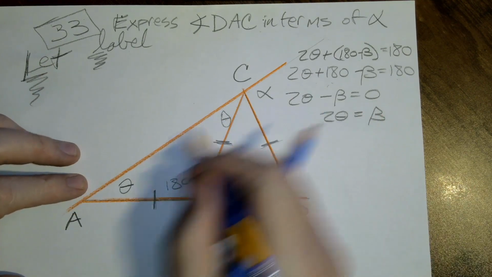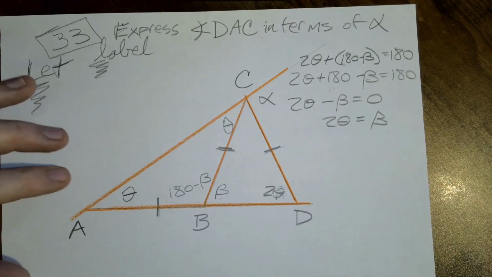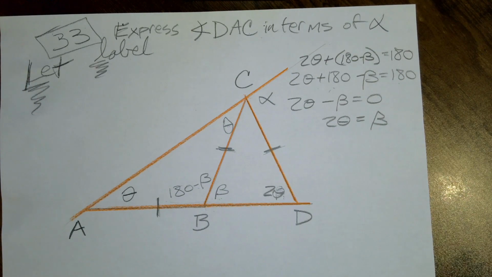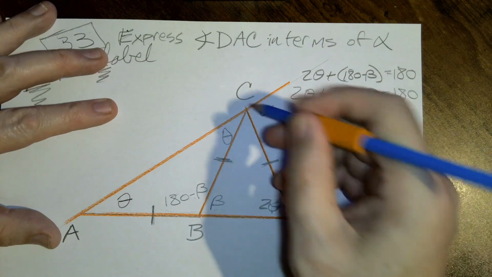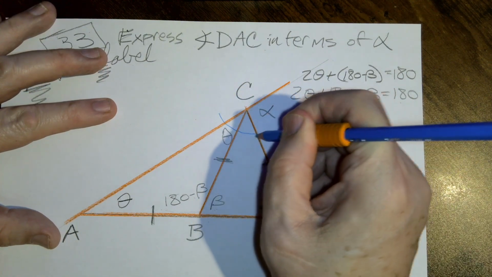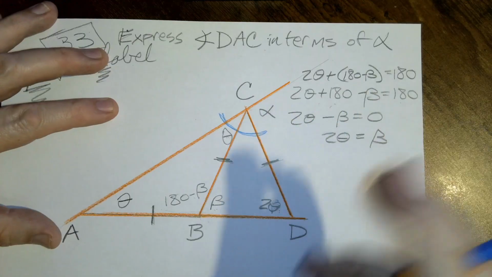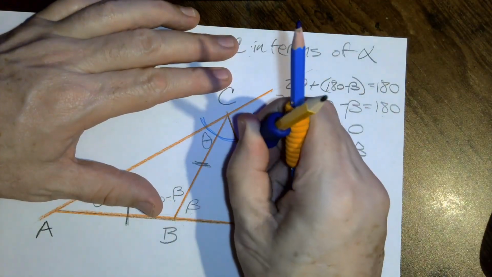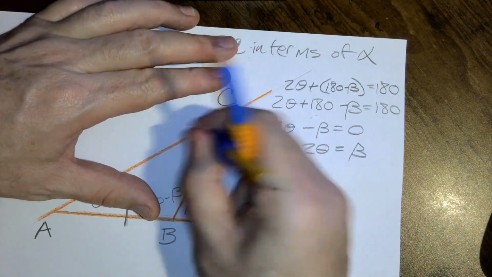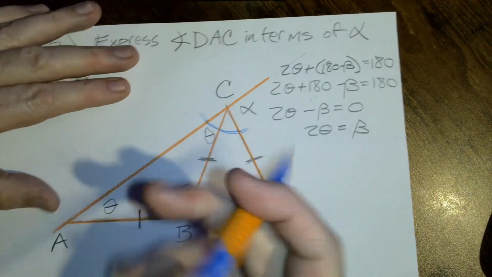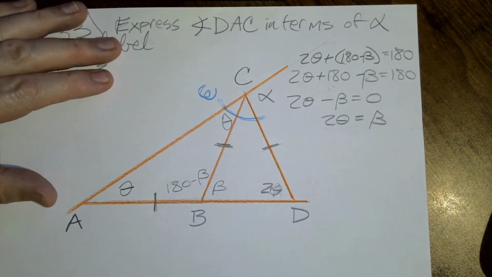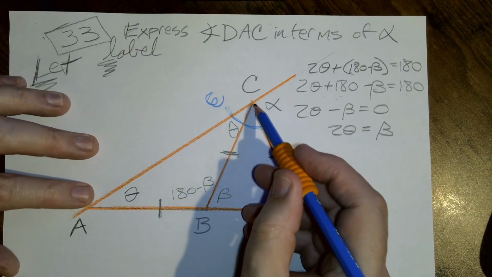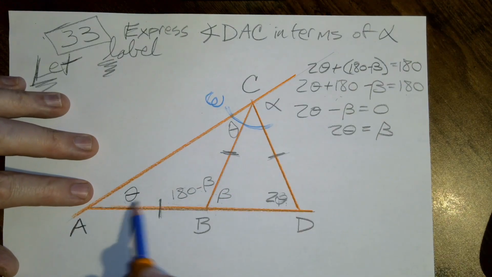Because now we're looking at this trigon here, let's call that angle there omega. So we have a trigon with this angle omega, this theta, and this 2 theta.